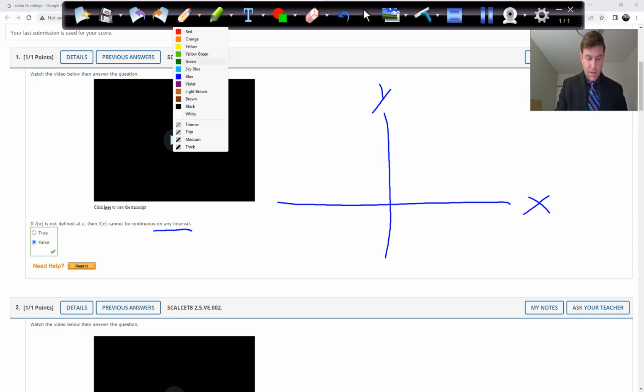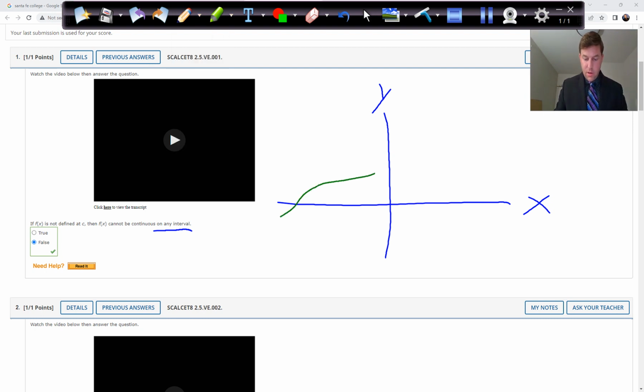So we could have a function that's going along, and then right there could be a discontinuity, which we call a hole, and that's right at x equal to c, and the y value would be f of c. Well, this is a hole, and it's a discontinuity.